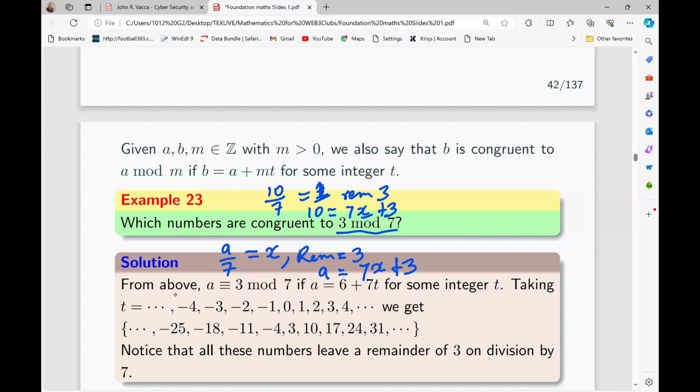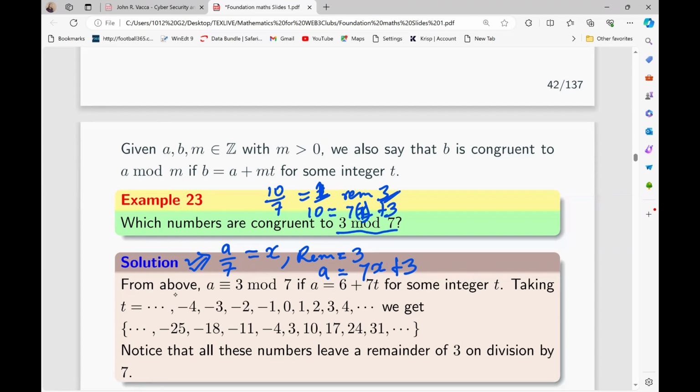So how do we write 10? 10 is the same as 7 times 1, then plus 3. So that is the knowledge I'm applying here. 10 is the same as 7 into 10 once, and the remainder is 3.